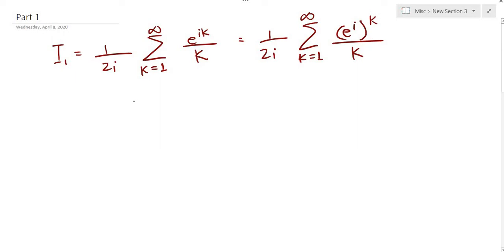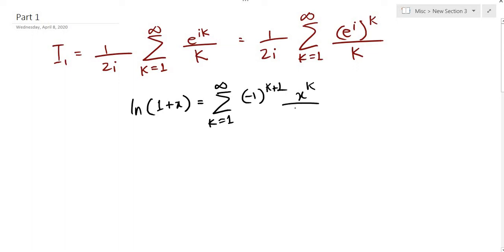Well, you might recall that the Taylor series for the natural log of 1 plus x is nothing but the sum from k equals 1 to infinity of negative 1 to the k plus 1th power times the variable x to the kth power divided by k. So we have a variable to the kth power.